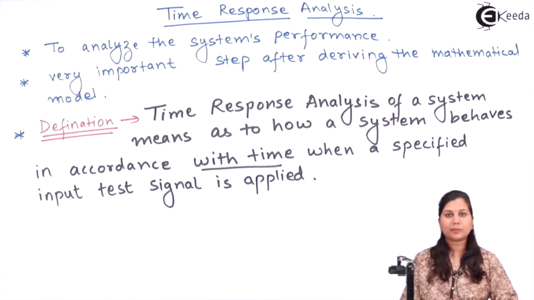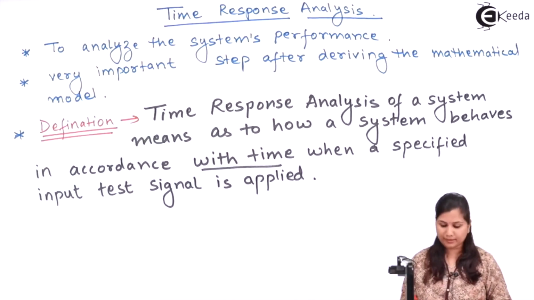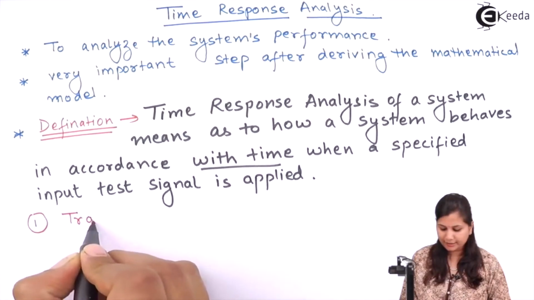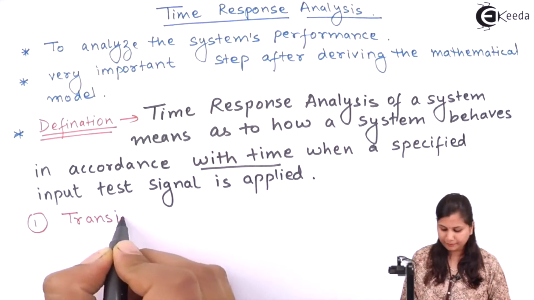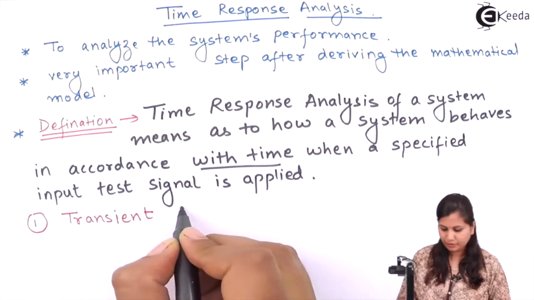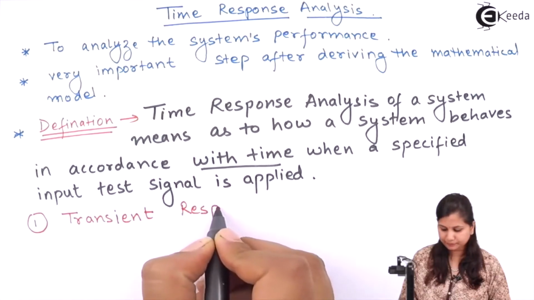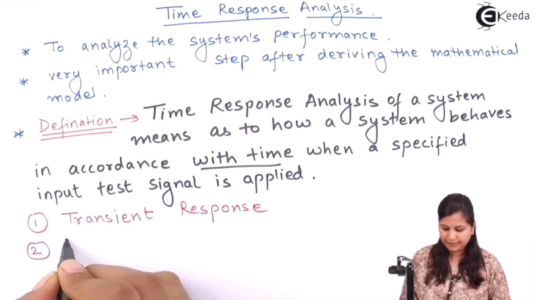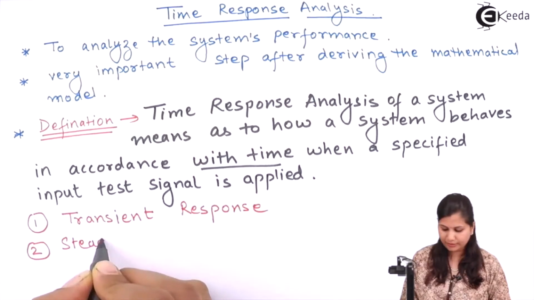Now this time response analysis of a control system has two parts. The first part is called the transient response, and the second part is called the steady state response.